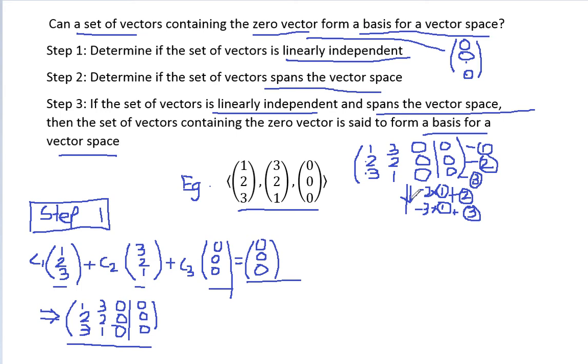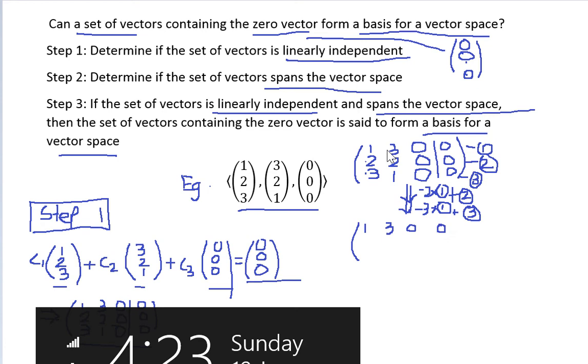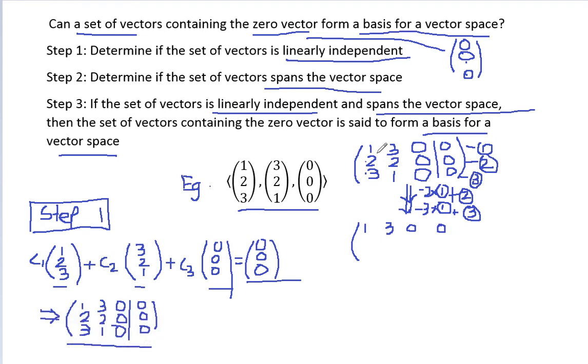Hence you get something like this: keep the first row constant, 1, 3, 0. For the second row, minus 2 times 1 equals minus 2, minus 2 plus 2 equals 0. And minus 2 times 3 equals minus 6, minus 6 plus 2 equals minus 4.